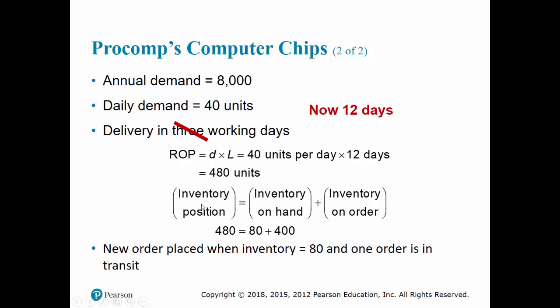That is how much inventory we have on hand plus any inventory that is on order. Now that total should reach your reorder point of 480. So it's not just what's on hand: you have 80 units on hand, you have 400 on order that's coming in, so you reach 480, then you place the next order.